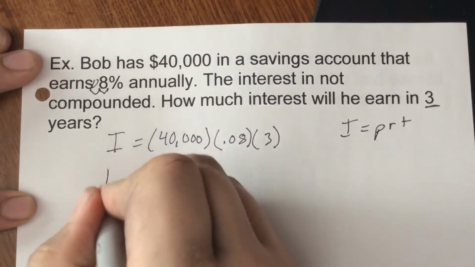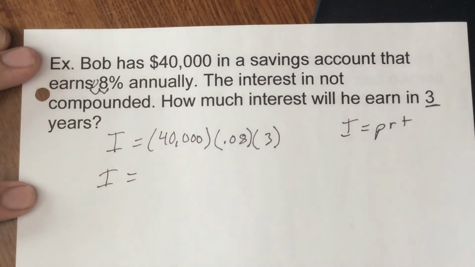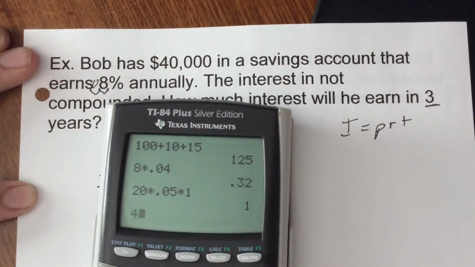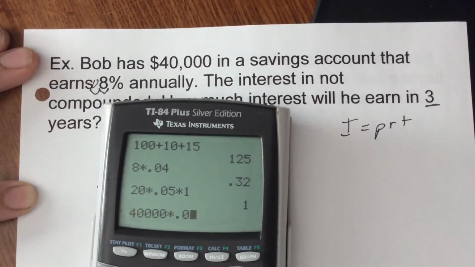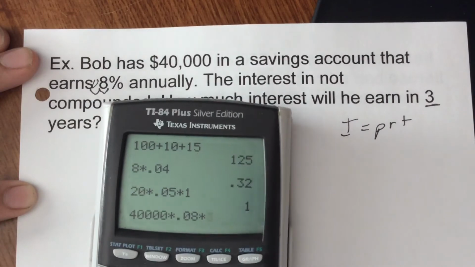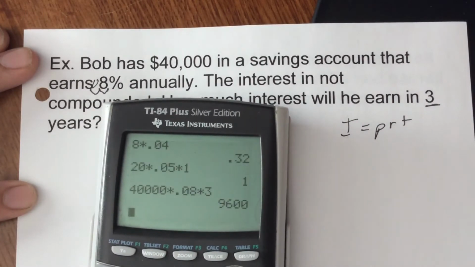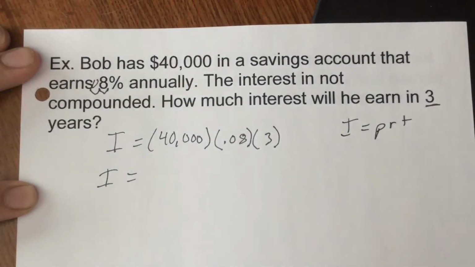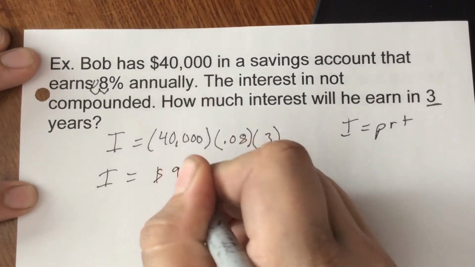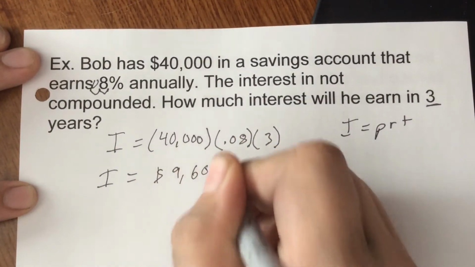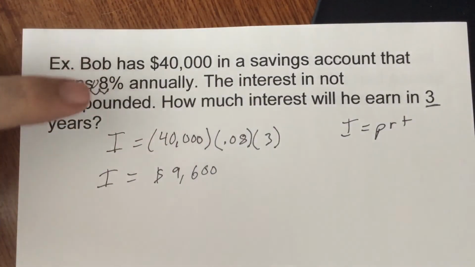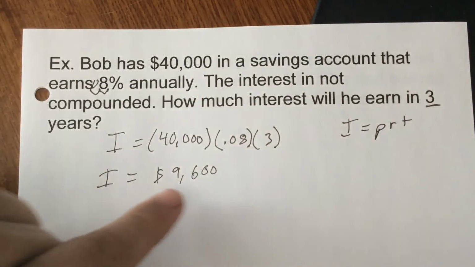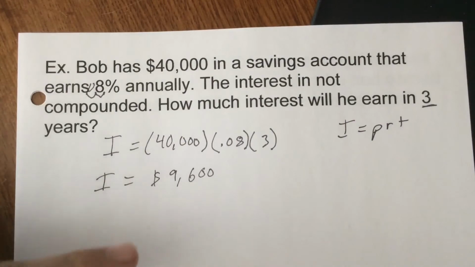If we multiply that out, I equals 40,000 times 0.08 times 3, which is $9,600. Now, are we done here? Yes, we are, because all they want to know is how much interest they will earn. This is the interest they'll earn, which would be really nice to gain that much money.